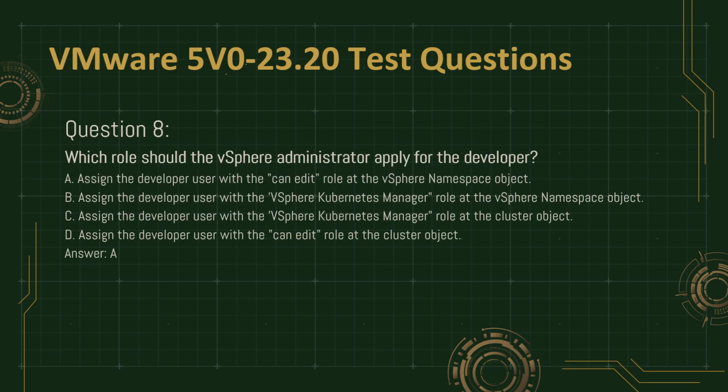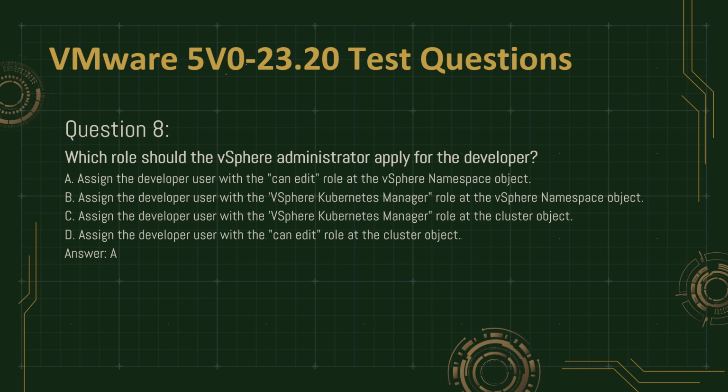Question 8. Which role should the vSphere administrator apply for the developer? A. Assign the developer user with the can edit role at the vSphere namespace object. B. Assign the developer user with the vSphere Kubernetes manager role at the vSphere namespace object.